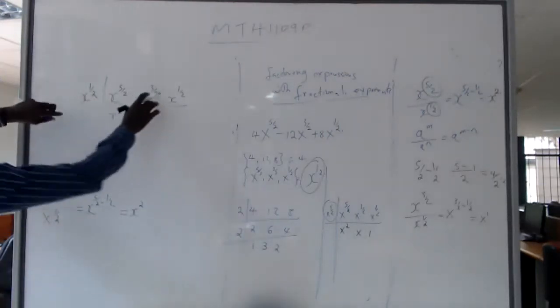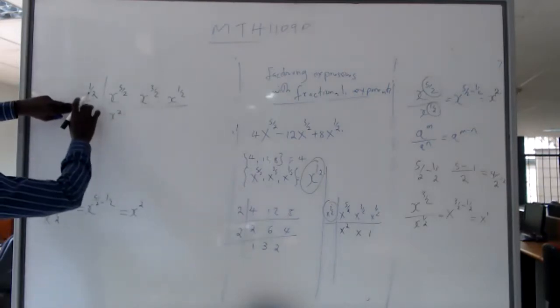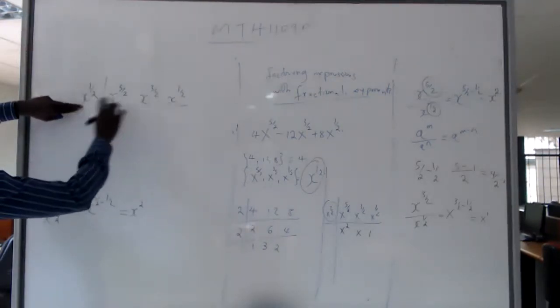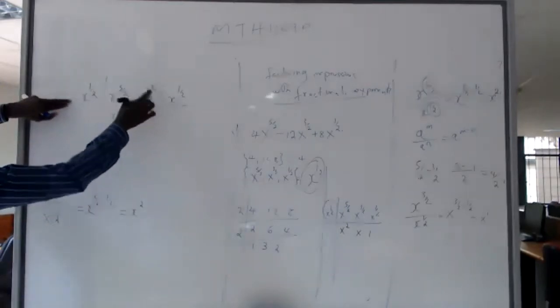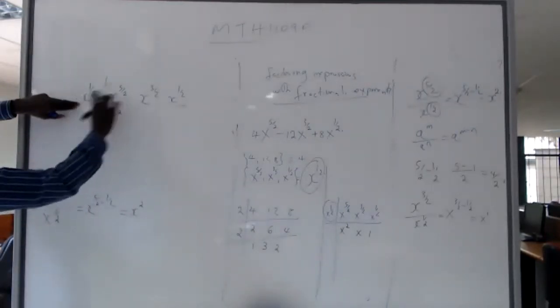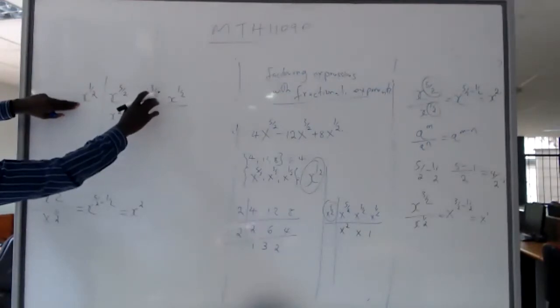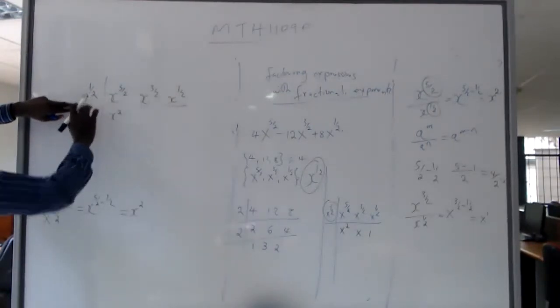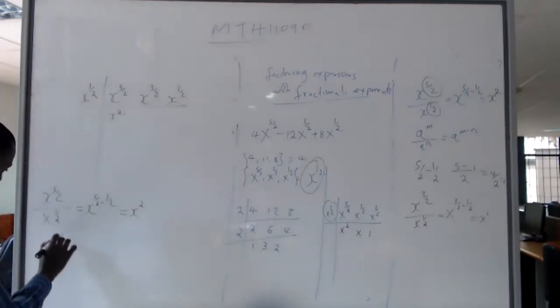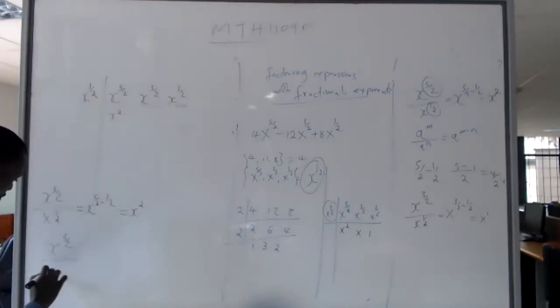And then for the second case, how many times will x power half divide x power 3/2? It's the same as dividing x power 3/2 by x power 1/2.